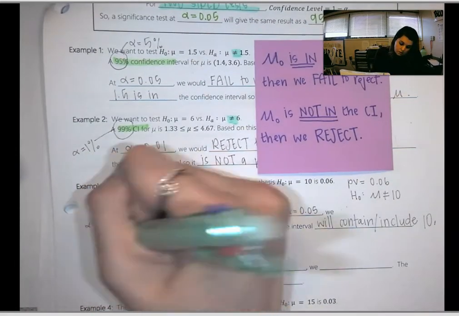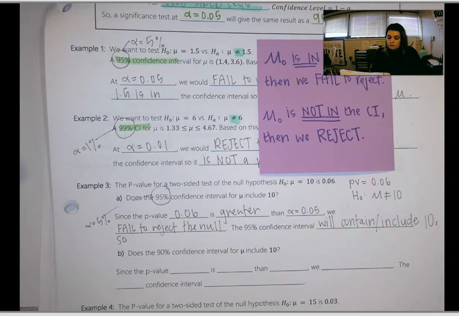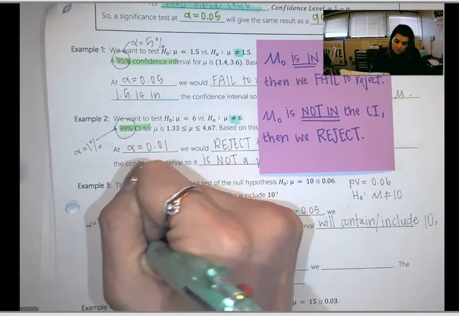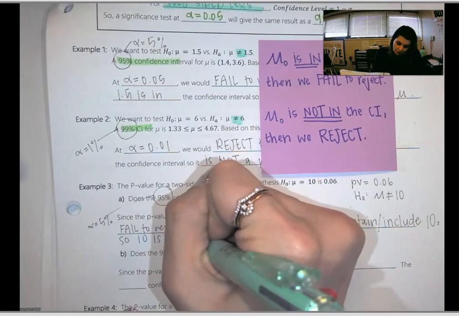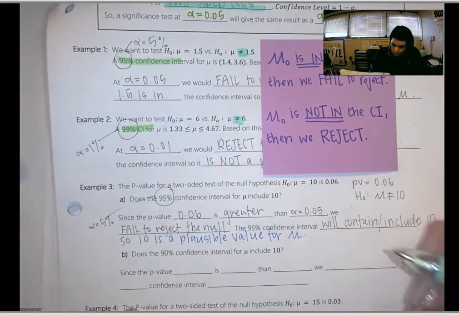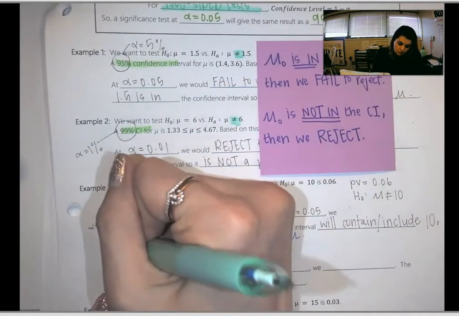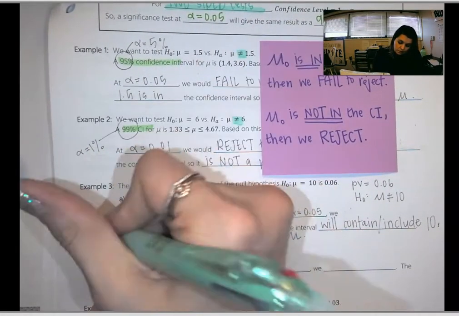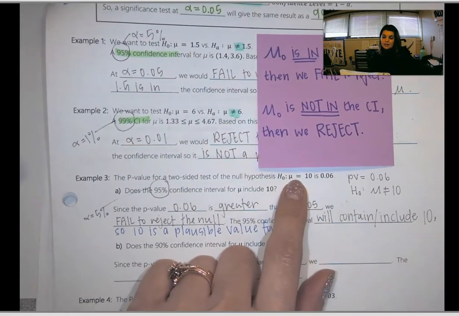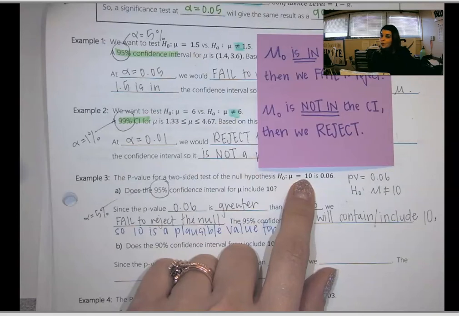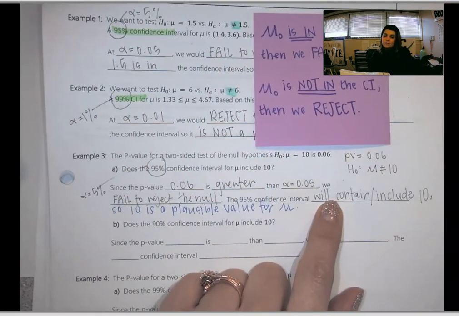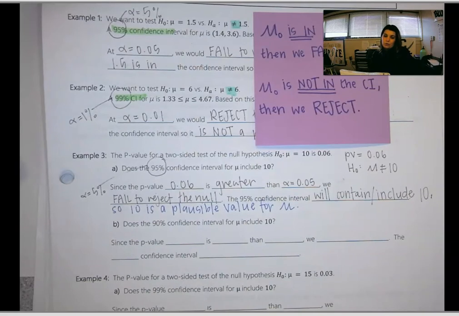So 10 is a plausible value for mu. We fail to reject, which means that we do not have evidence against the null. We do not have evidence against the fact that mu is 10. So if we don't have evidence that it's not 10, that means it will be in our confidence interval. 10 is a plausible value for mu.